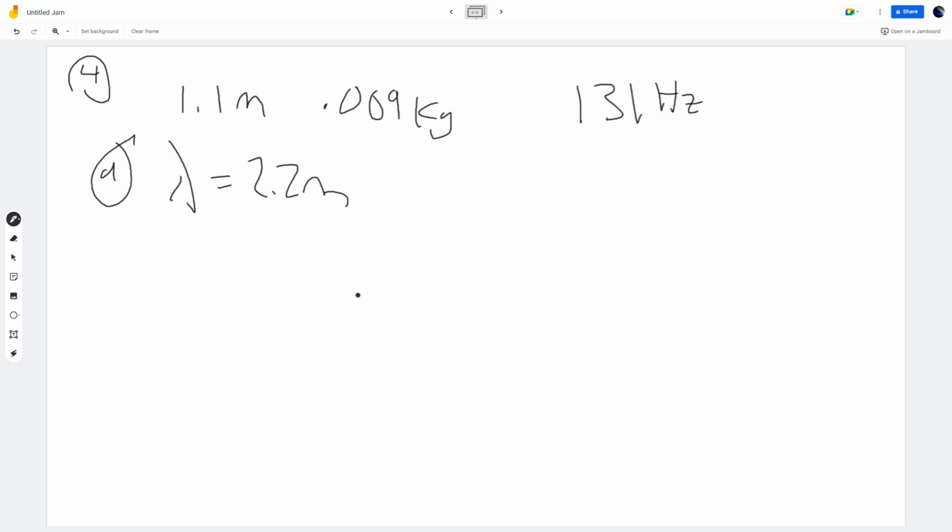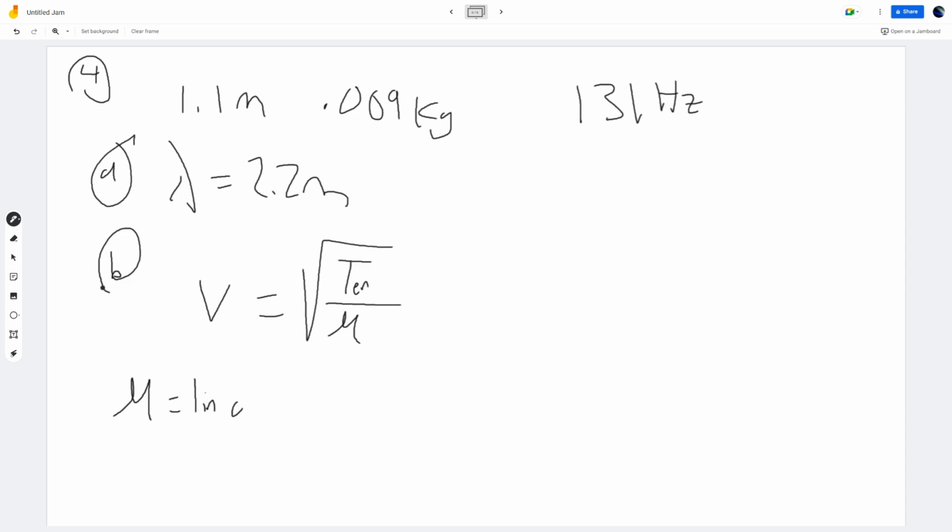So in this problem, I believe there is a relationship that we need to have memorized, which is the velocity of a string is equal to the root of T, being tension, over mu, which means linear density.